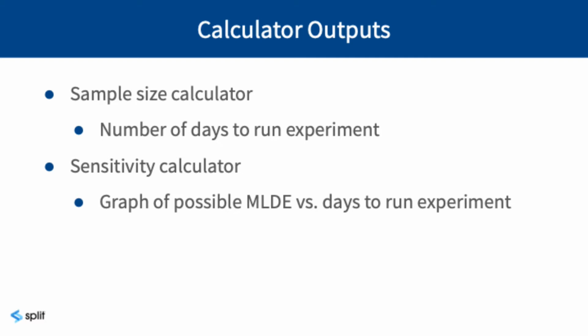The sensitivity calculators take a slightly different approach to that and give you a relationship between the minimum likely detectable effect and how long you would need to run. So in other words, it tells you if you want to see a 5% increase in conversions or whatever your key metric is, then you'll need to run for X many days. So two different approaches of viewing the same sort of data.